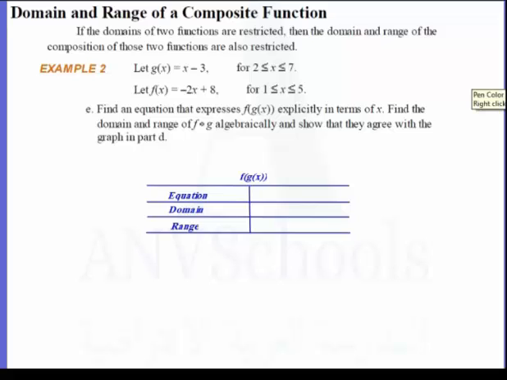So going back to the basics again, our g of x, as we know, is equal to x minus 3.